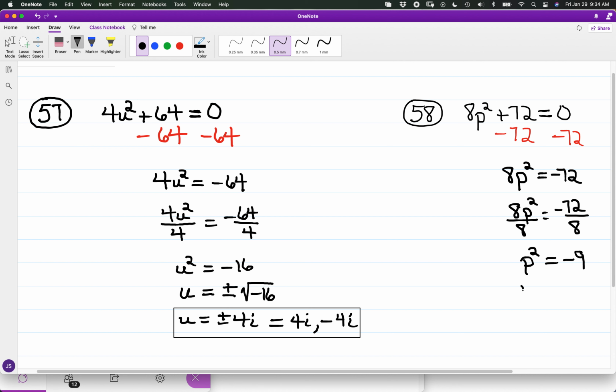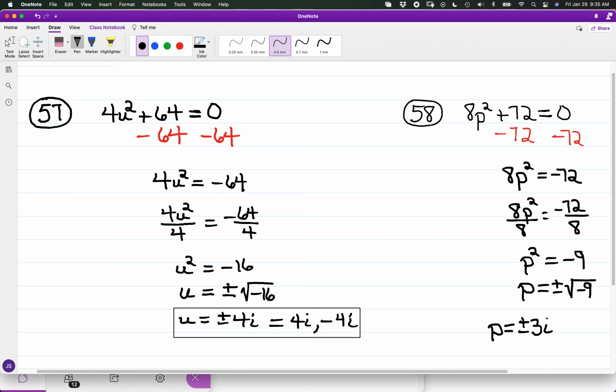Going from p squared to p, p is equal to plus or minus the square root of negative 9. Just like negative 16, negative 9 is the opposite sign of a perfect square. The square root of 9 is 3, and the square root of negative 9 goes to 3i.